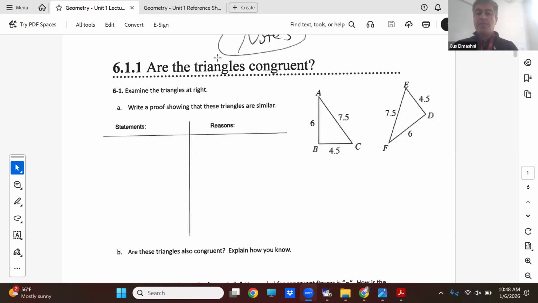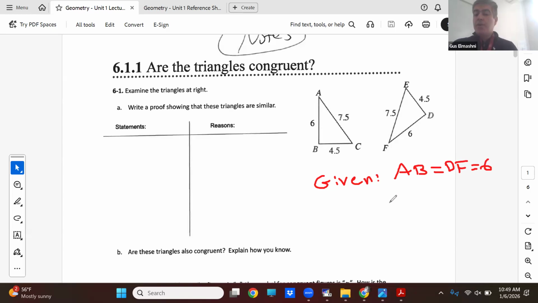So let's talk about how to prove this. First, I have to give you some given information. So what are we given here? And I have to tell it to you. I mean, it's pretty obvious just by looks of the diagram. But what are we given here? We're given that AB is congruent to what? DF. Yeah, AB is definitely the same as DF. And they both equal what?